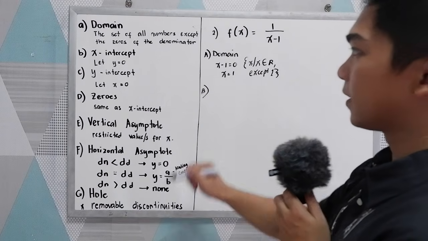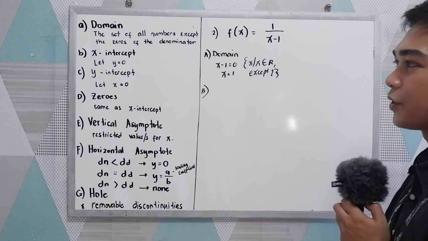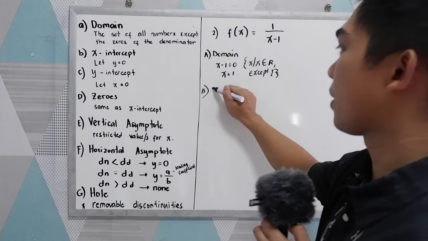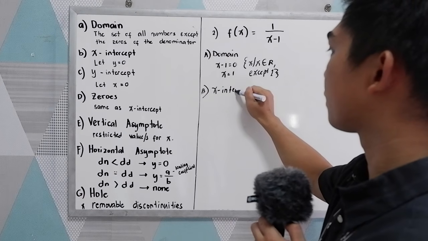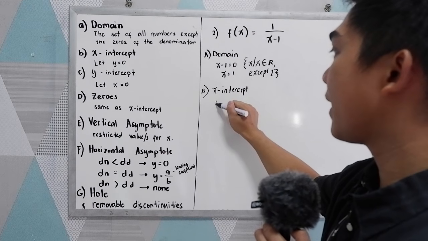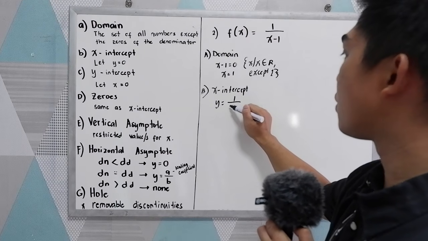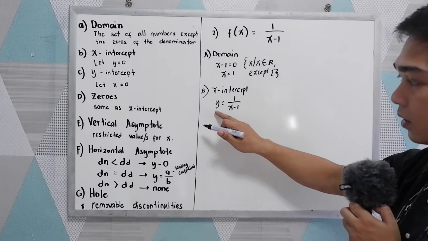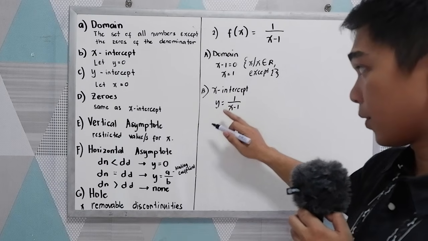B, the x-intercept. For the x-intercept, let y be equal to 0. So y is equal to 1 over x minus 1. Again, f of x is the same as our y. So let y be equal to 0.